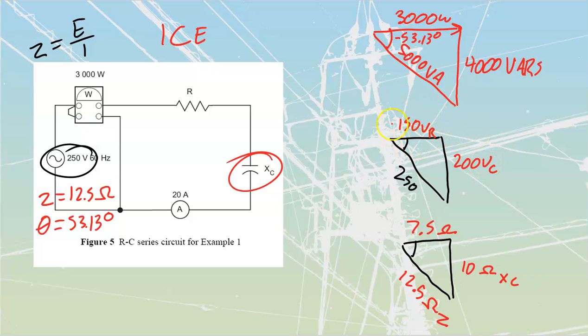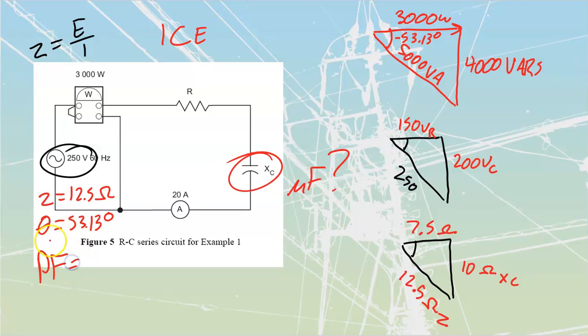They asked for the voltage drop across the resistor, 150 volts. They asked for the resistance of the resistor, 7.5 ohms. They asked for the circuit impedance, 12.5 ohms. They asked for the circuit power factor. We haven't done that yet, but we'll take the cosine of our angle to do that. And they asked for the phase angle that we have. So the two things that we are missing are my microfarads and my power factor.